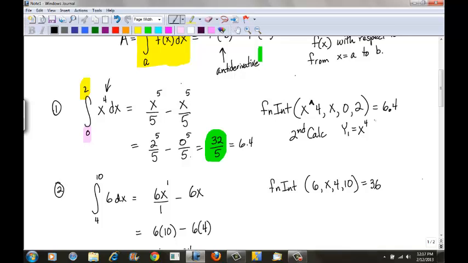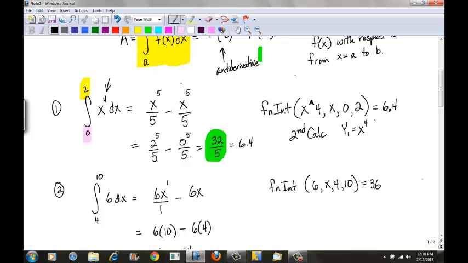And if we went to 2, 2 to the 4th power is 16. So I may even want to change my y max bigger. So let's go 16 here. And I don't care what your scale is.